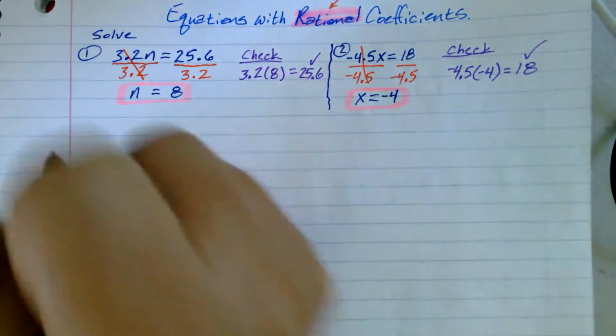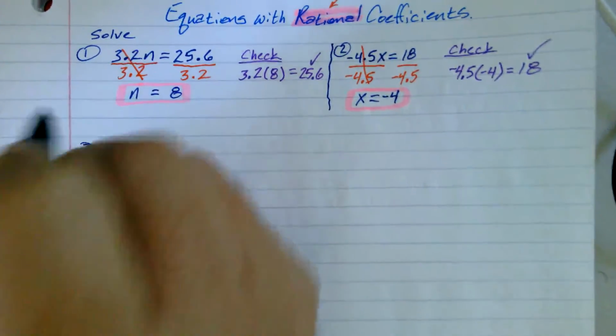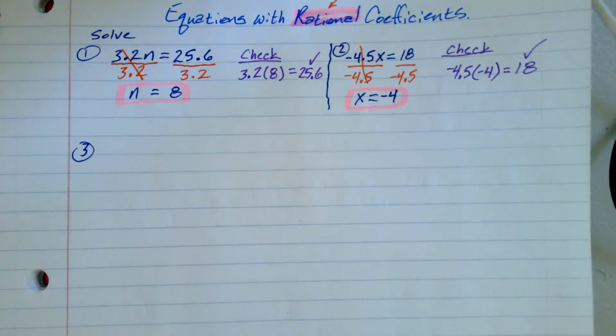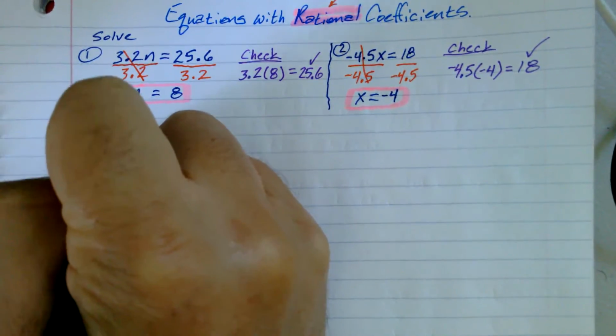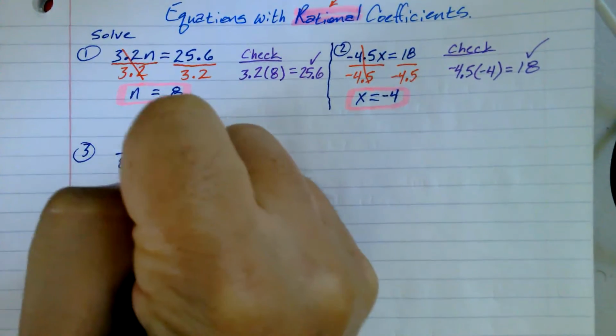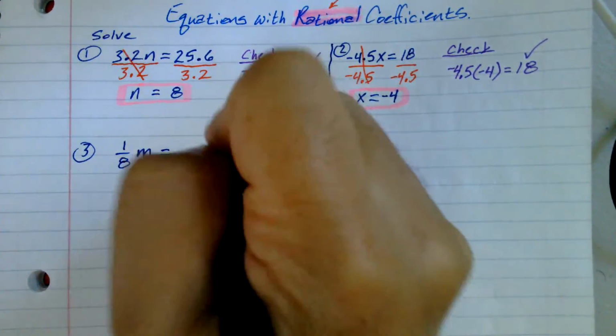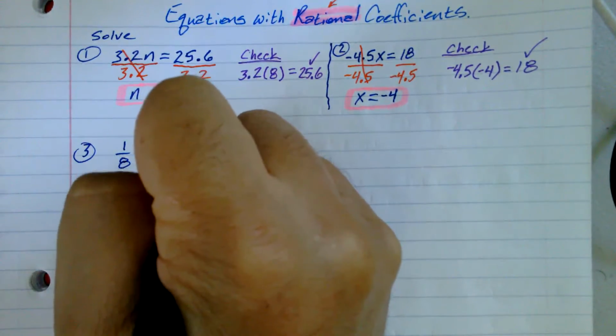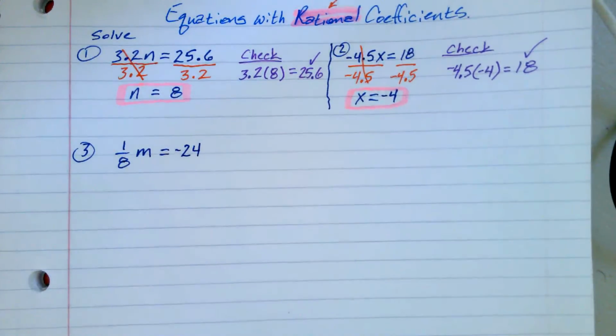Sorry, I said the G word and my phone wants to be overly helpful. Okay, number 3. We already did a few like this, but we'll do a few more. Let's say we have 1/8 times m equals negative 24. Now, I want us to do this a little bit differently.